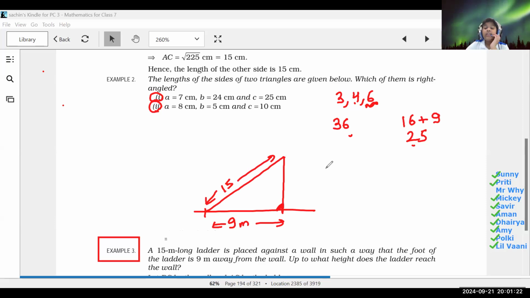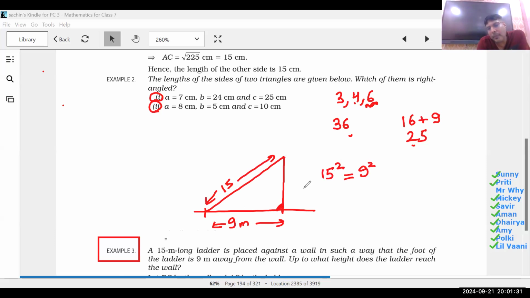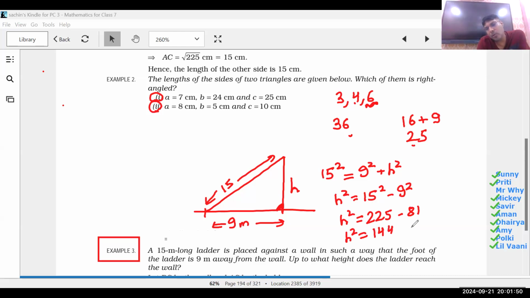Yes sir. So 15 square is equal to 9 square plus इसको h मान सकते हैं, h square. So h square is equal to 15 square minus 9 square. So h square will be equal to 225 minus 81. So which will be what? 144. So h will be equal to 12.